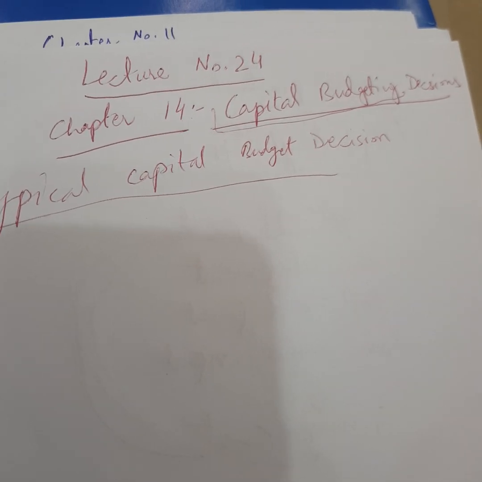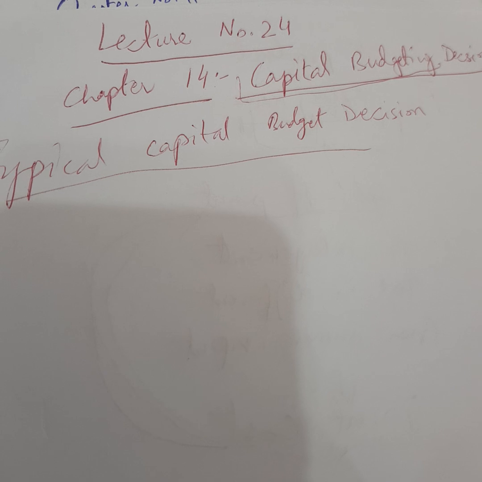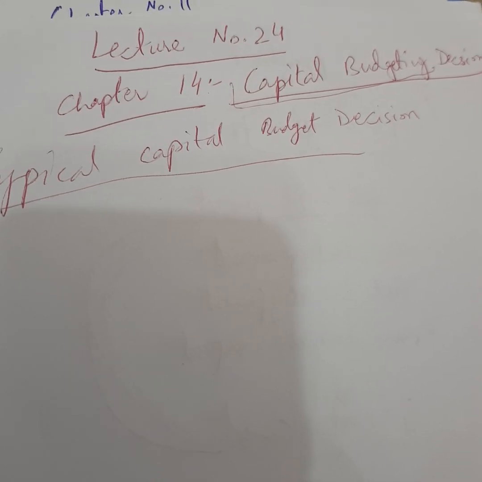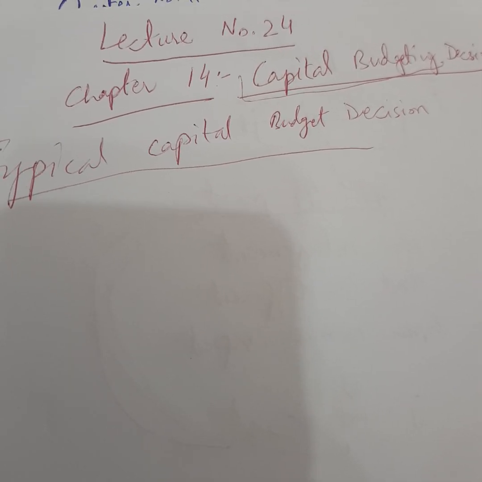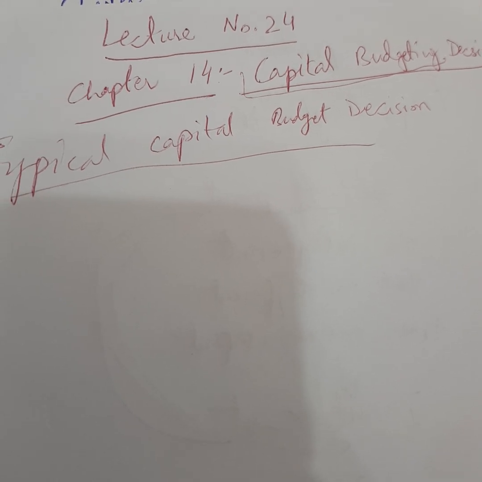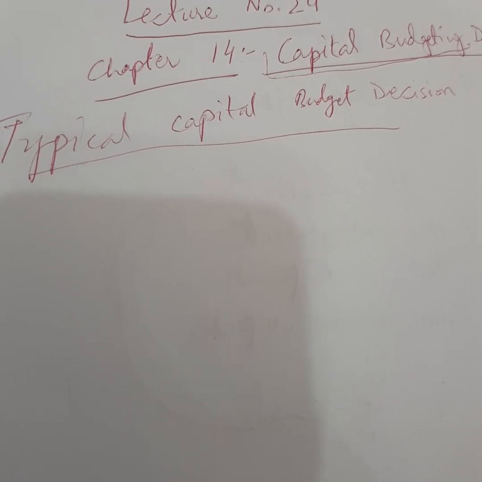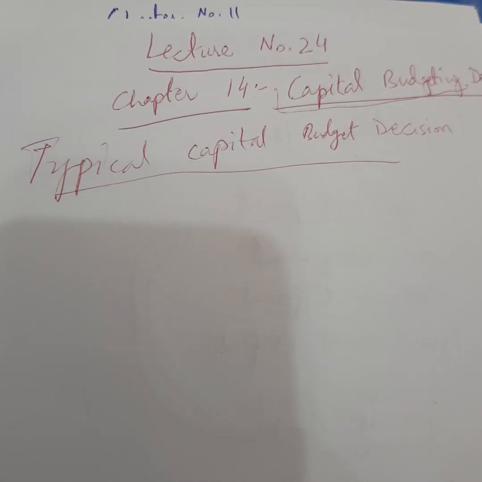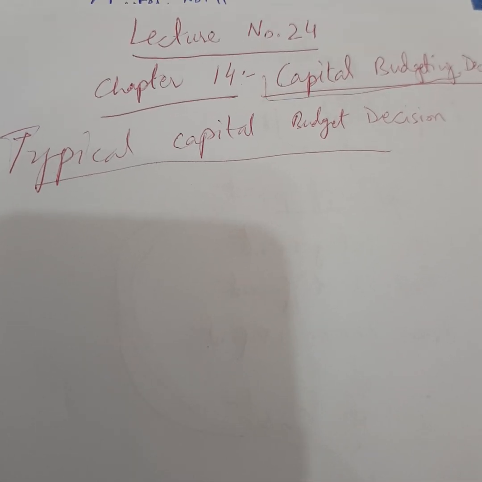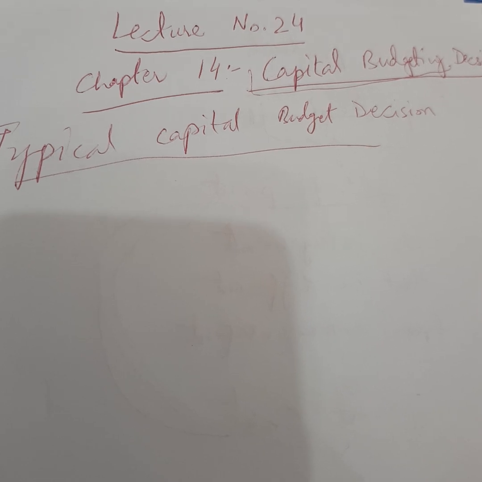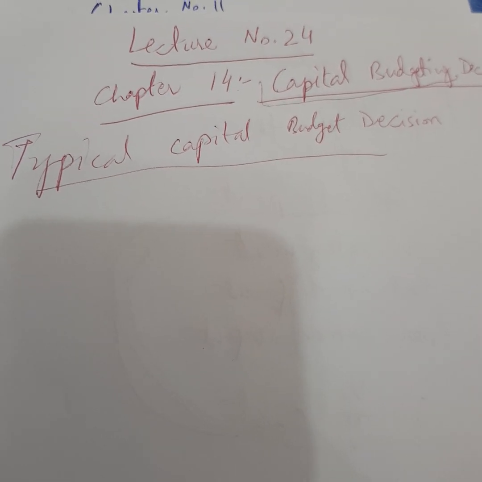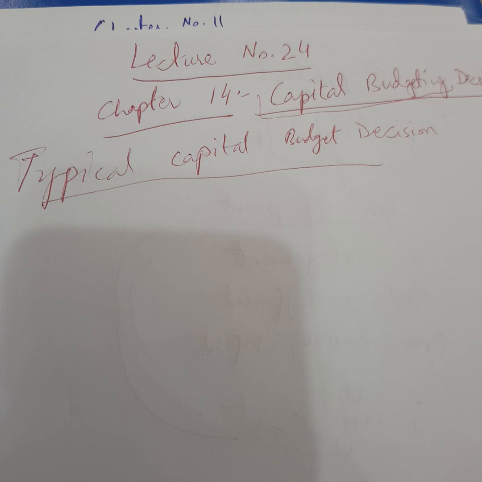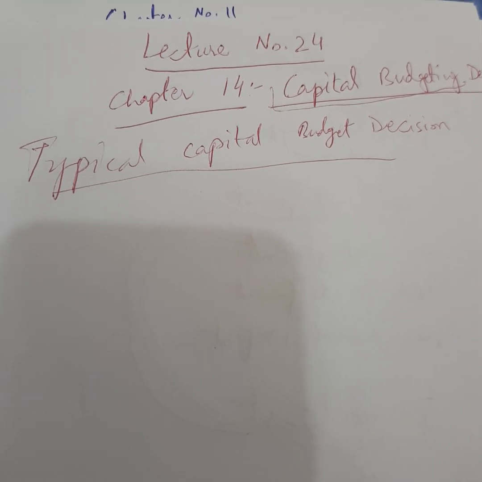The cost reduction decisions are there. Should new equipment be purchased to reduce cost, as new equipment will increase our efficiency? Expansion decisions, like whether a new product should be introduced to increase sales. A new warehouse should be purchased to increase the storage capacity.